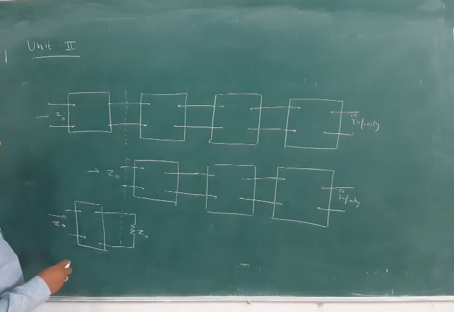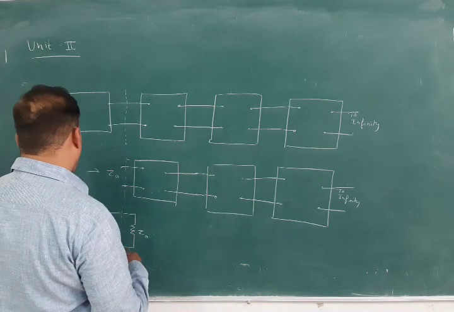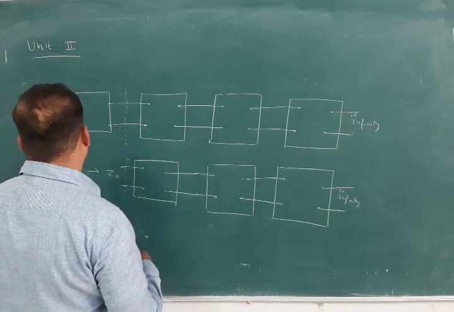Okay. Now we will draw the circuit for this characteristic impedance, a proper network which is having 4 terminals.